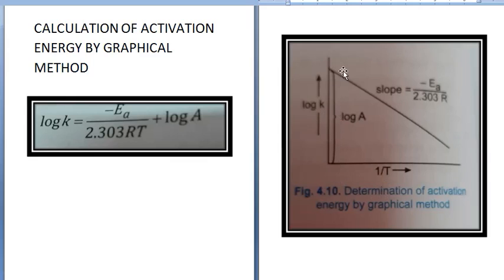The slope of this is given by minus EA upon 2.303 R. So you can calculate activation energy by the formula log K is equal to minus EA upon 2.303 RT plus log A. So from this you can calculate by graphical method as well. The intercept represents log A and the slope represents minus EA upon 2.303 R.